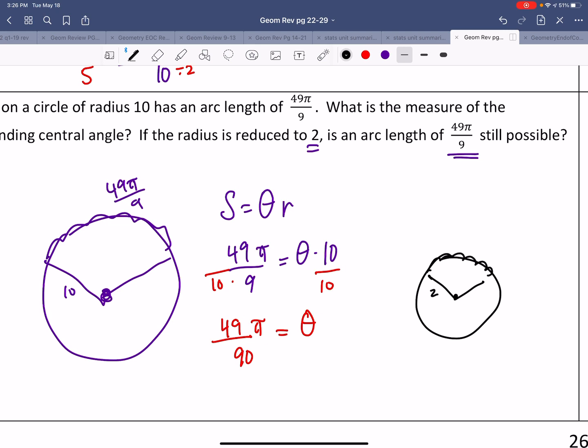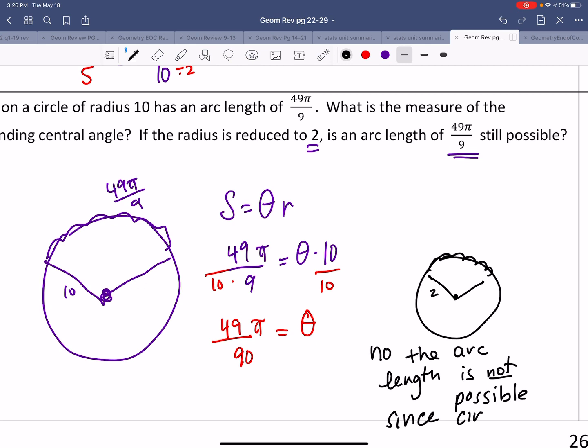Your circle got smaller, so the portion of your circle has to get smaller. No. The arc length is not possible since the circle got smaller. Okay.